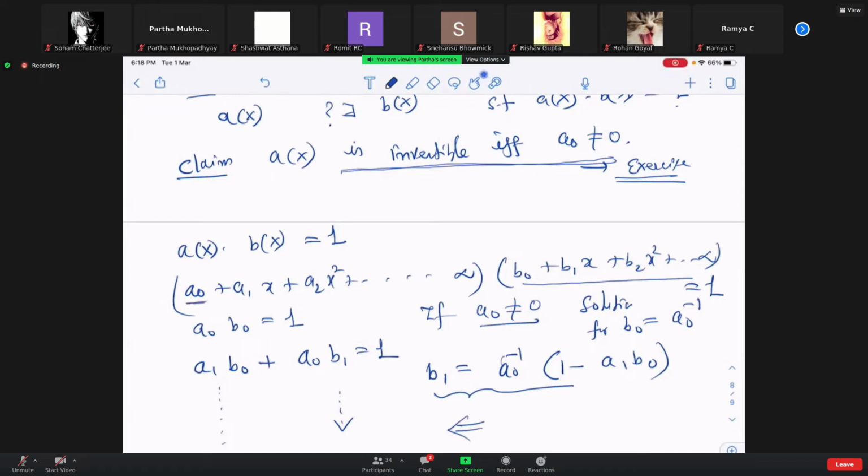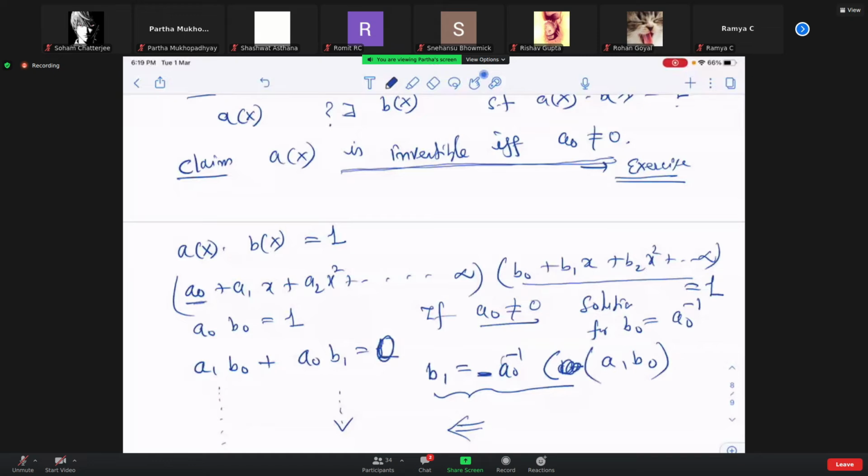A student asked whether a1 b0 plus a0 b1 should be equal to 0, and the speaker agreed there is a minus sign. The other direction is also very simple: the same argument verifies that if it has to be invertible, then a0 must be non-zero.